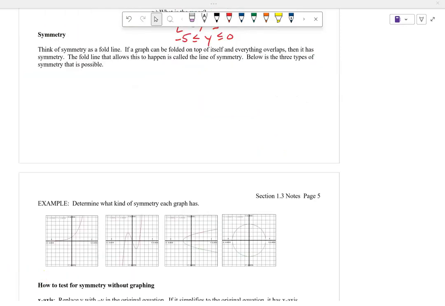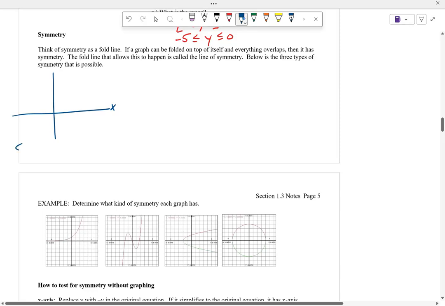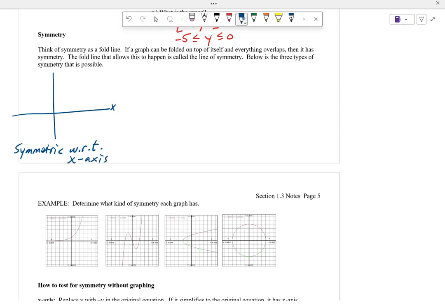All right, now we're going to get into symmetry. So if something is symmetrical with respect to the x-axis, then that means if I have a point up here, xy, if I flip it about the x-axis, I would have this symmetric point down there. Like, let's say that this point is, I don't know, 3, 2. Then I would also have on the graph 3, -2, if this graph is symmetric with respect to the x-axis.